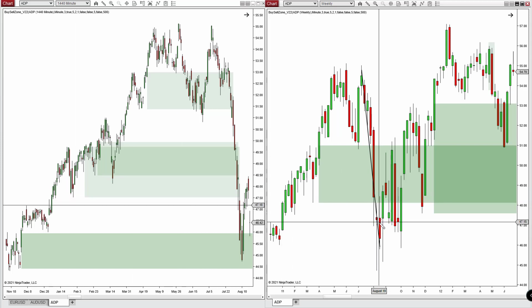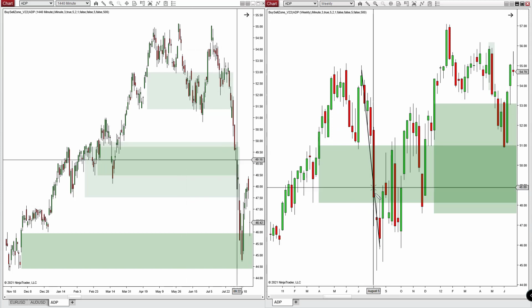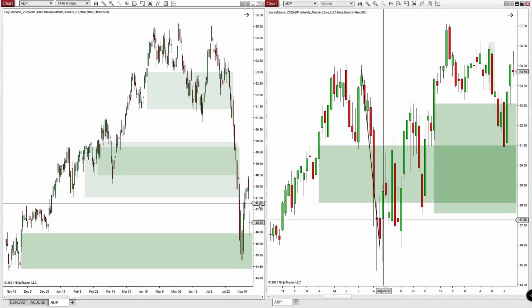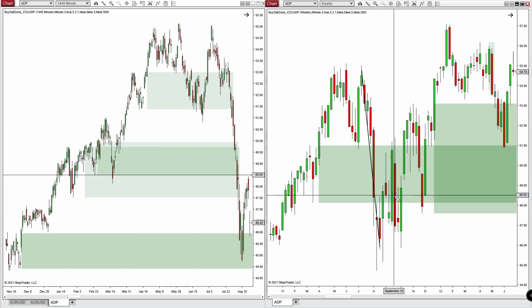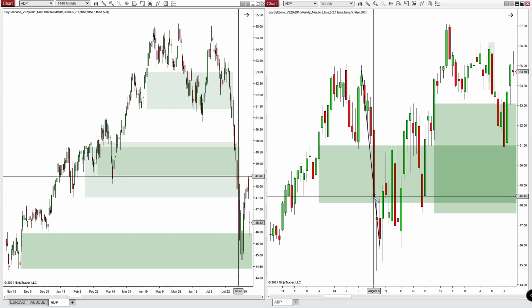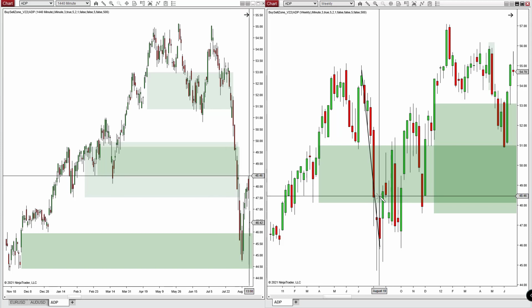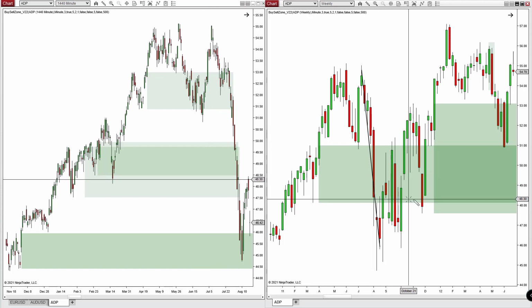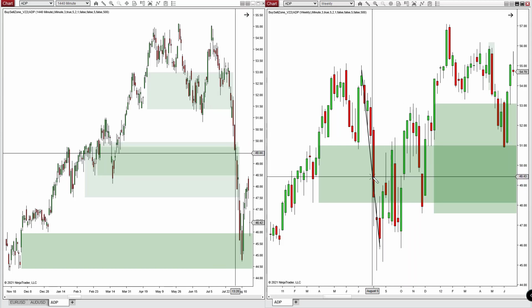However, we're still in a bull trend over here. So what I want to wait for is when both time frames align. I have a bull trend here. I want to wait for a bull trend here, and I want to see the market structure overlap. So I would want to see a daily market structure zone that fills inside of this weekly zone.